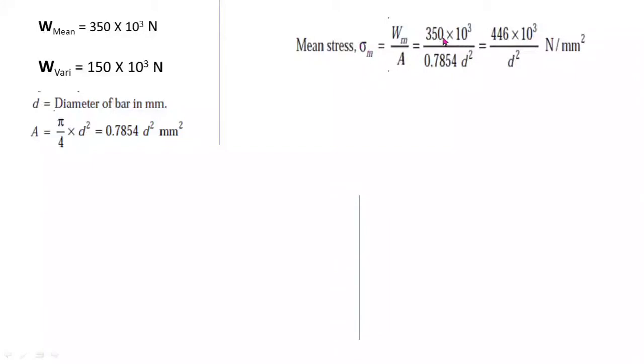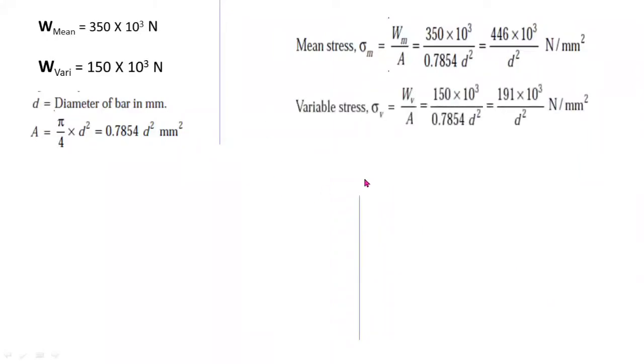So 350 into 10 power 3 is the mean load divided by cross section area 0.7854 d square. 446 into 10 power 3 by d square is the value of mean stress. In a similar way, variable stress sigma v equal to variable load by cross section area, 150 into 10 power 3 divided by area. 191 into 10 power 3 by d square is the value of variable stress.